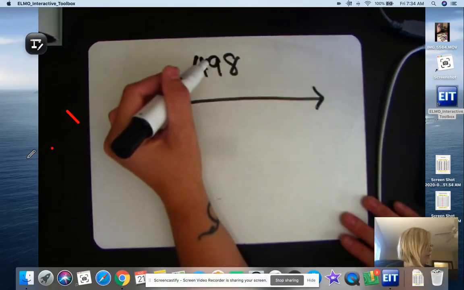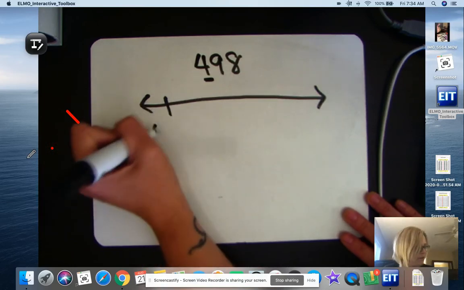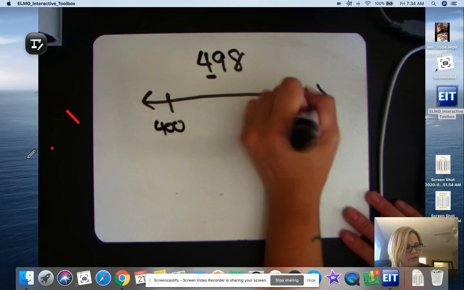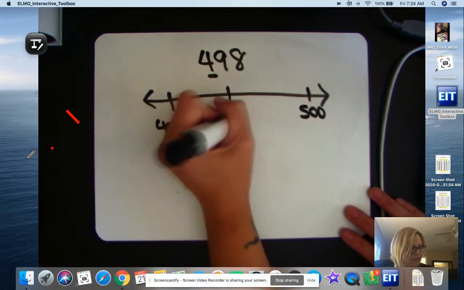We've got 400. Got to find my benchmark, so I'm going to go with that hundreds there. So we've got 400. The next greater 100 is 500. Right in the middle is going to be 450.